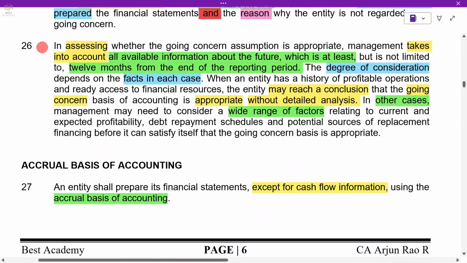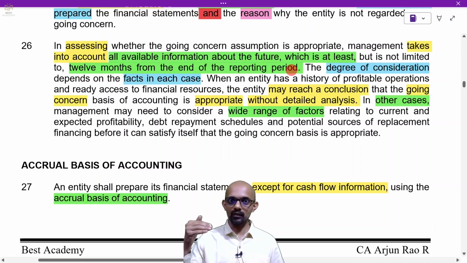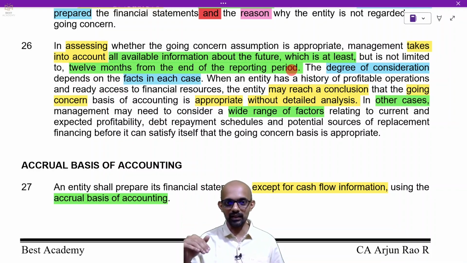Now, coming to the next paragraph. So, we need to consider all available information about the future, which is at least but not limited to 12 months from the end of the reporting period. So, what is going concern? Whether we can continue in perpetuity.